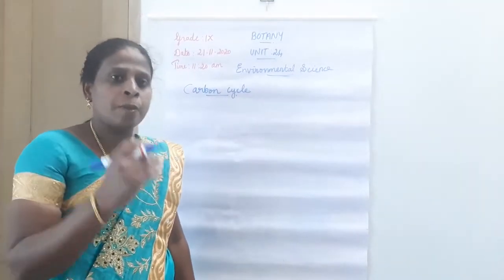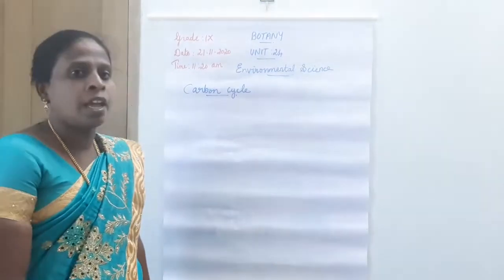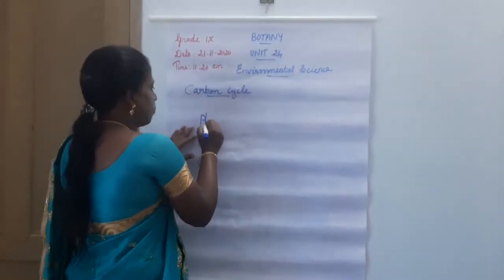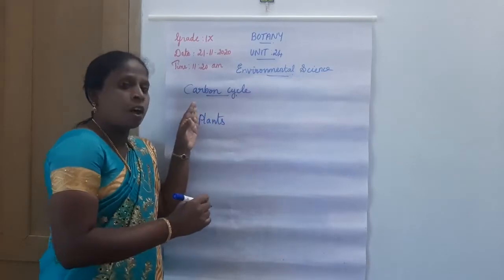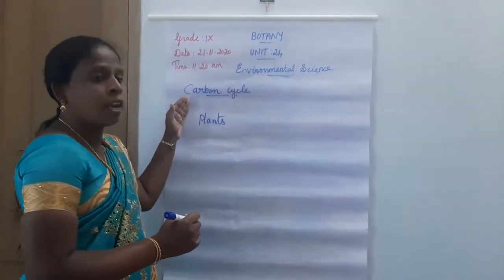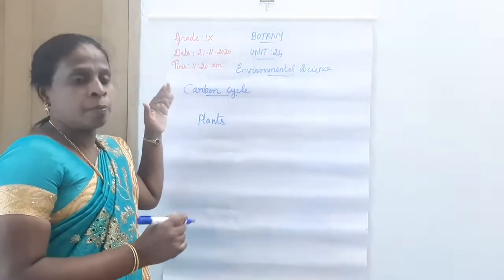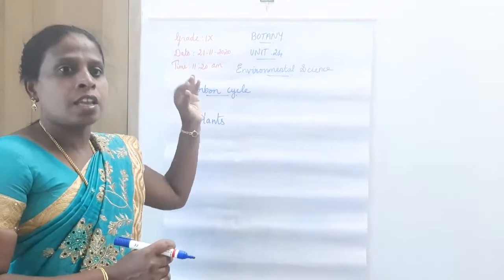Now from the plant body the carbon can enter the animals. First the plants, the producers, absorb atmospheric carbon dioxide and prepare food by the process of photosynthesis. What is photosynthesis?